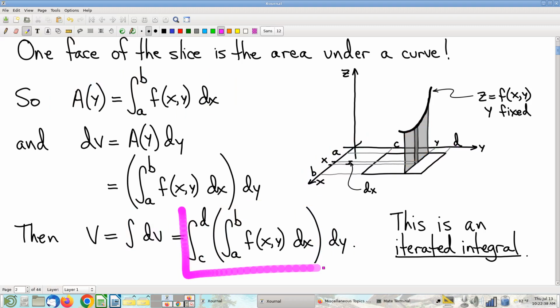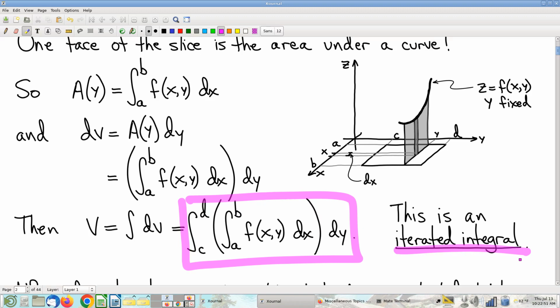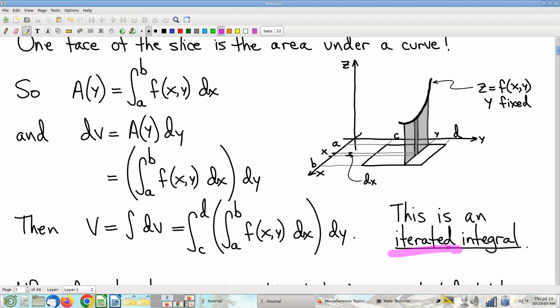This expression right here is going to be important. It's name-worthy. It's important enough we need to be able to refer to it. The most common term is iterated integral. I have my little micro quibble with this term. To me, iteration means you're applying the same process over and over again. I guess the motivation for this term iterated is that we're taking an integral of an integral.